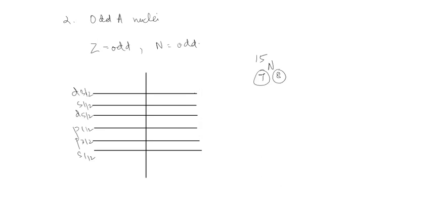So if you start filling, S will contain 2 protons, 2 neutrons are also possible. P3/2 can accommodate 4 protons, 4 neutrons, and now I have already filled 6 protons and I have only one more proton to be filled, which goes into P1/2. And I have 2 neutrons to be filled, which go into P1/2.